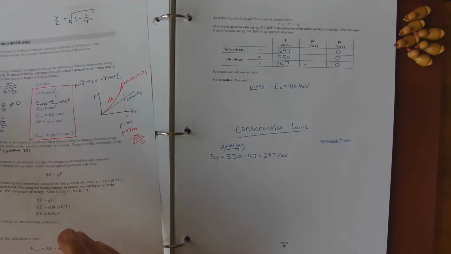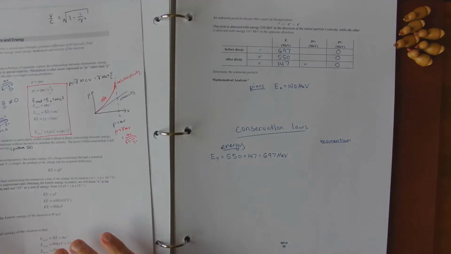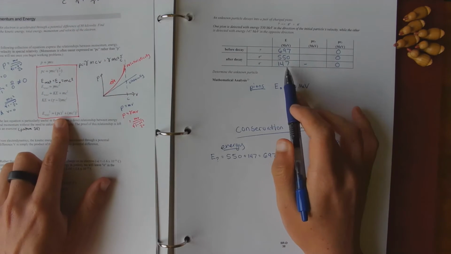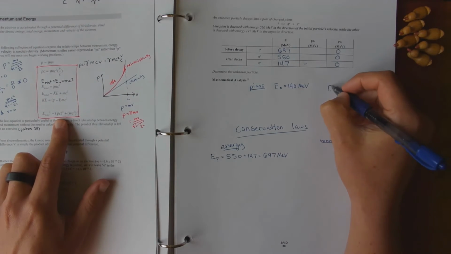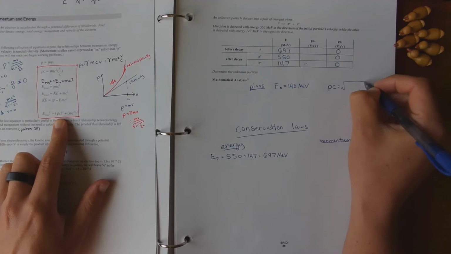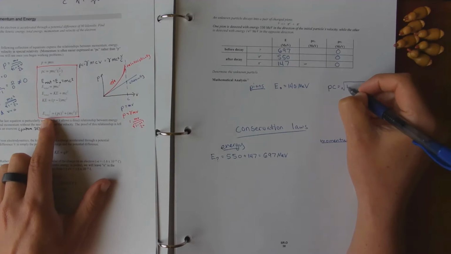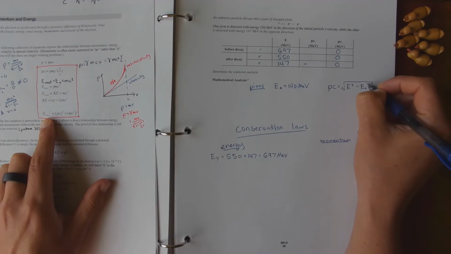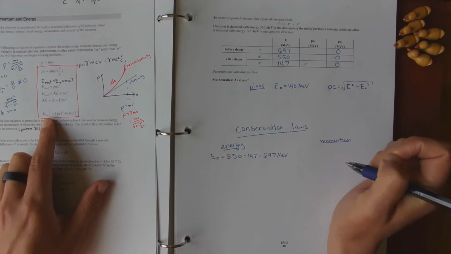Well, if I know the rest energy and I know the total energy, I can figure out the momentum using this equation here, which if we rewrite it, we have PC is equal to the square root of, let's just call it E for E total, so E squared minus the rest energy, which we'll call E naught squared.